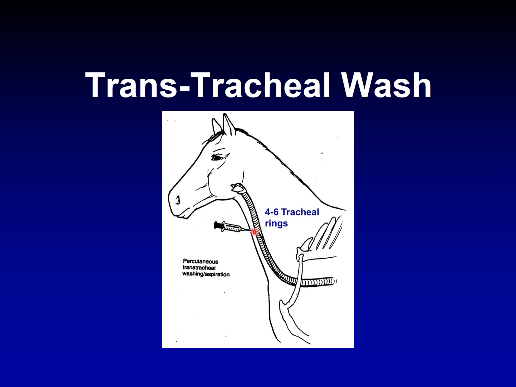You puncture that with a scalpel blade. Everything needs to be done in an aseptic technique. Then you insert a very long plastic tube all the way down, and you inject some sterile saline there, and you collect it. So you inject the saline and collect.